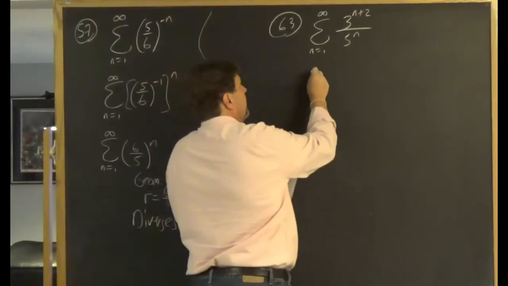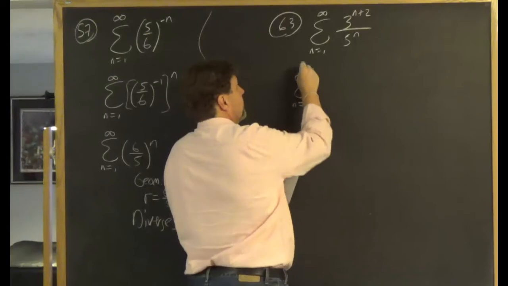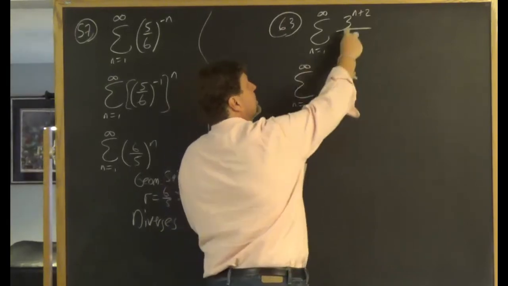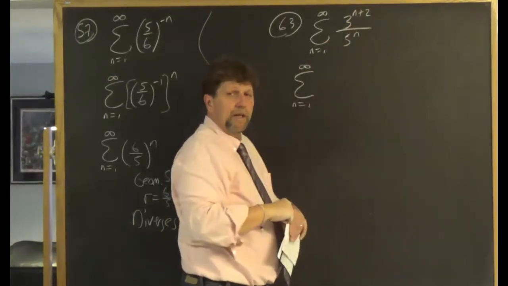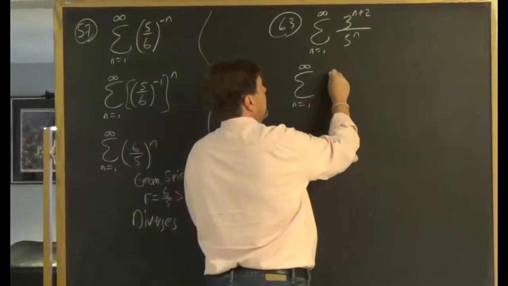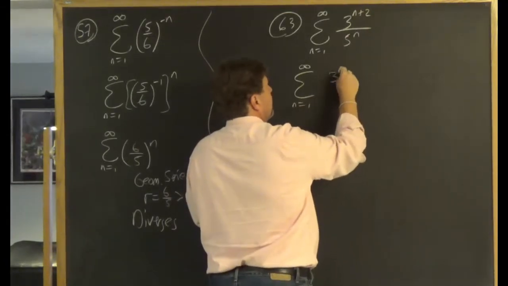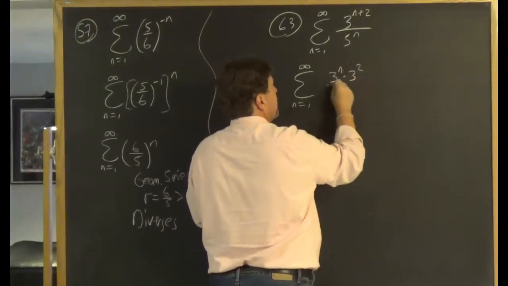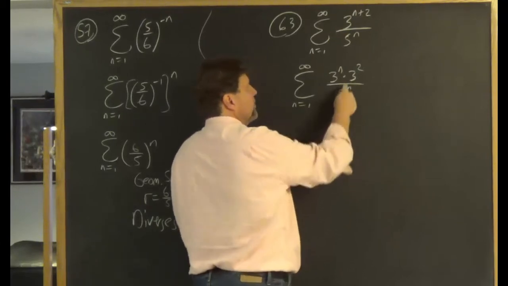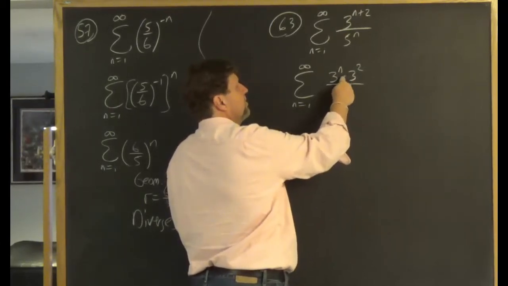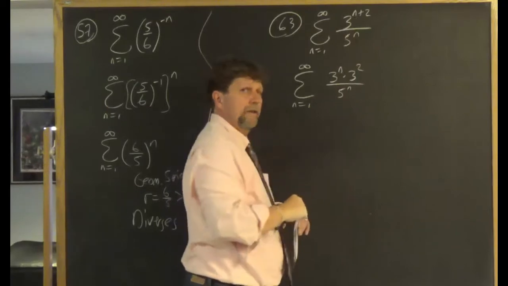I mean, you're seeing a lot of these algebra tricks are just the old rules of exponents. 3 to the n plus 2, that's the same thing as taking 3 to the n and multiplying it by 3 squared. Because when the bases are the same and you multiply, you would add the exponents.